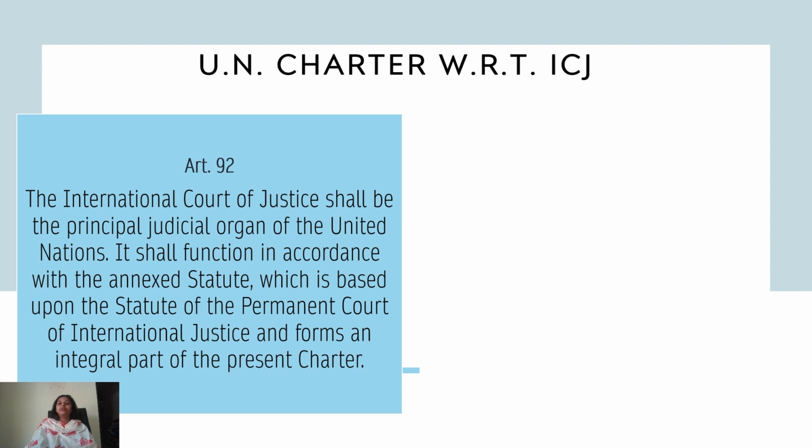The annexed document is titled the Statute of the International Court of Justice, and it is the document that governs how the ICJ has to function, how many members are to be there, what should be the term or duration of membership, how the members are to be elected, etc. So the Statute is an annexure to the Charter, and therefore it is an integral part of the UN Charter, and it focuses on the ICJ.